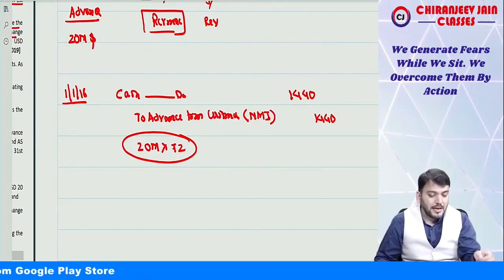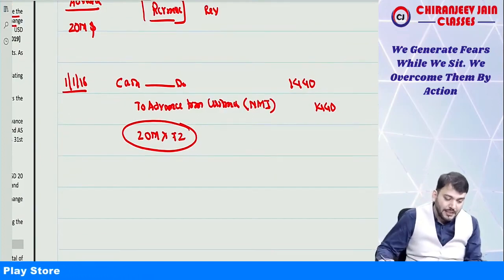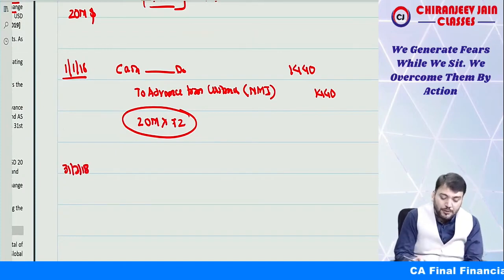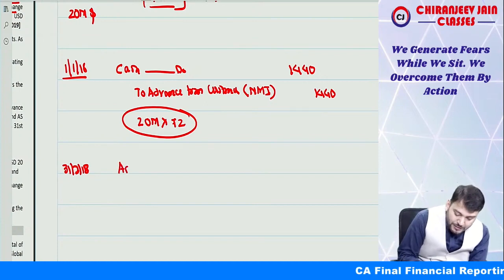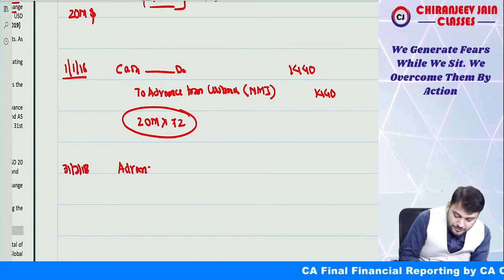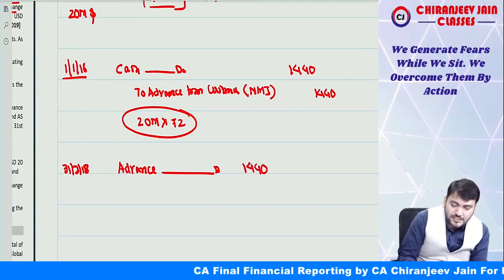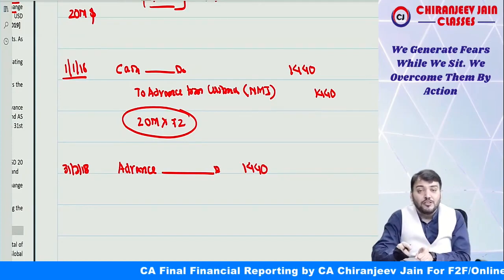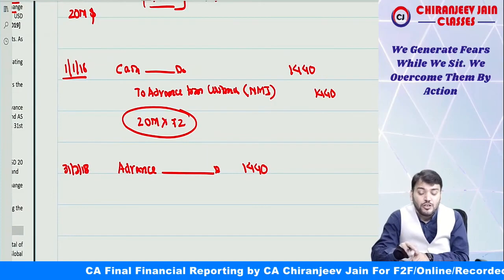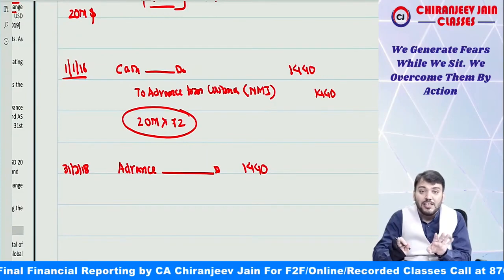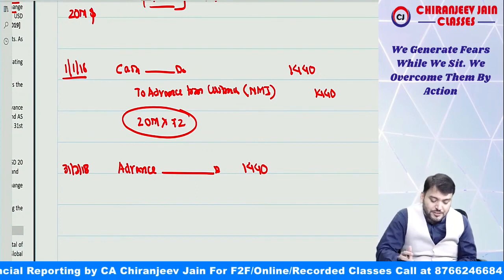Any doubt? No doubt? Then on 31st March 2018 we recognize revenue. So when you recognize revenue, you will pass advance account debit 1440. We do not translate a non-monetary item if carried at cost. So it is cost only, so no translation.